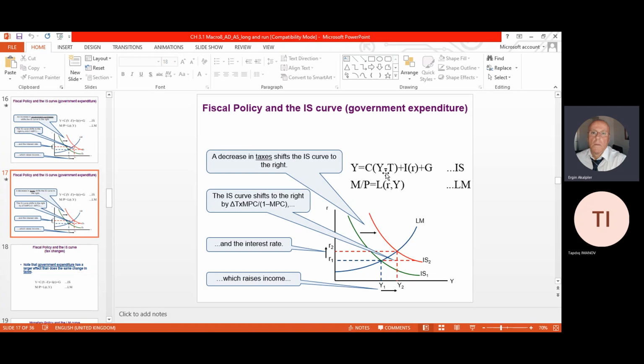If you look at only Y minus T, the decrease in taxes positively affects the output. This is then multiplied by C, which increases the amount of consumption in the economy. Therefore, the Y, the GDP, is positively affected and shifts to the upper level, as indicated on the graph.